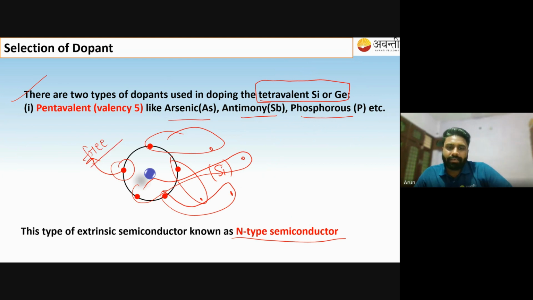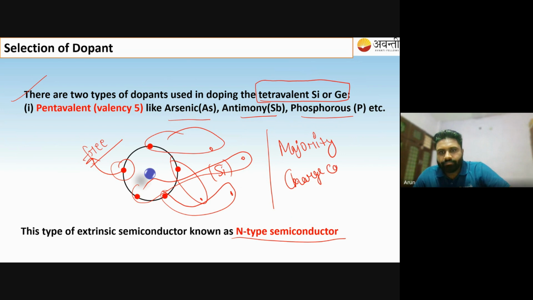So here the number of free electrons is much higher than the number of holes. So that is why here the majority charge carrier is the electron. That is why it is called the N-type semiconductor.